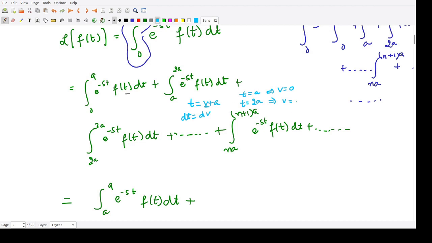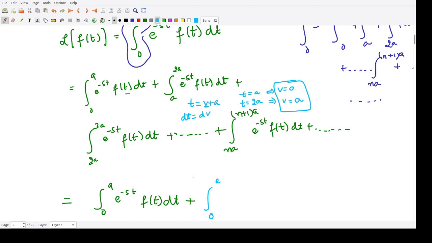So you would have v to be a. That means you have now converted the limits from a to 2a into 0 to a. So this term would now become integration from 0 to a.